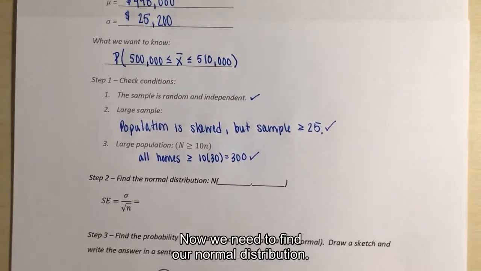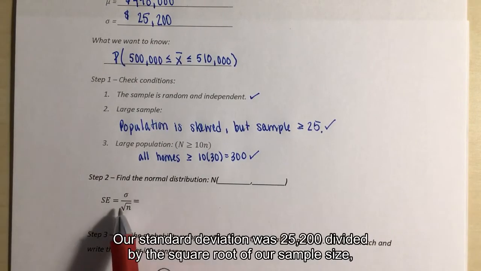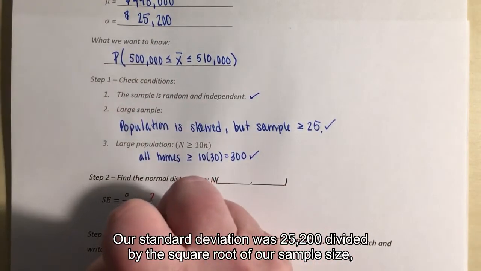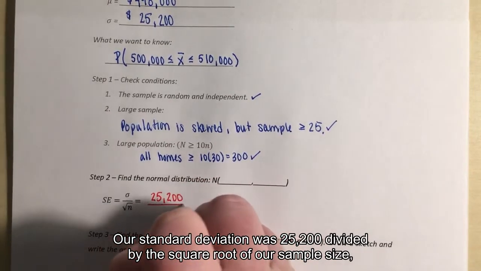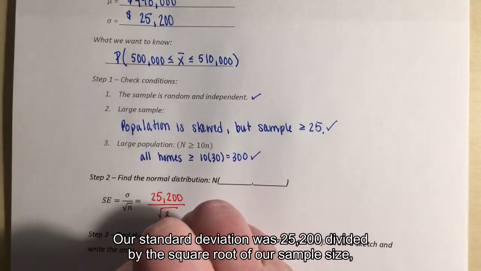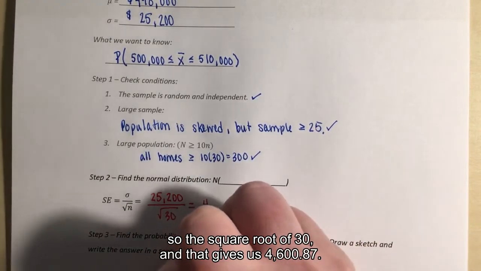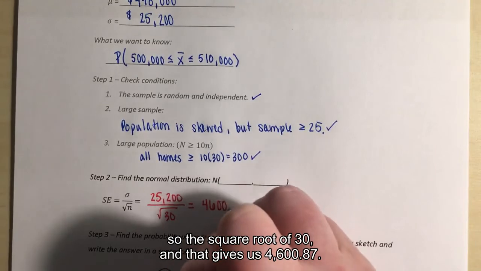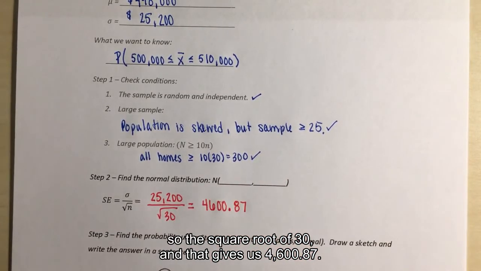Right, so now we need to find our normal distribution. So we're going to start by finding our standard error. So our standard deviation was 25,200 divided by the square root of our sample size, so the square root of 30, and that gives us 4,600.87.